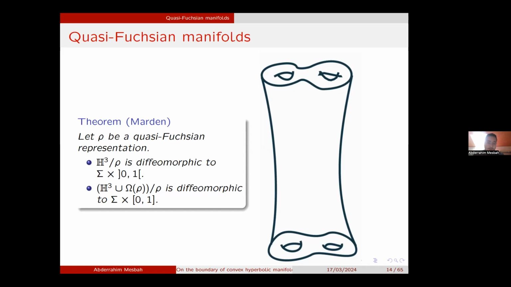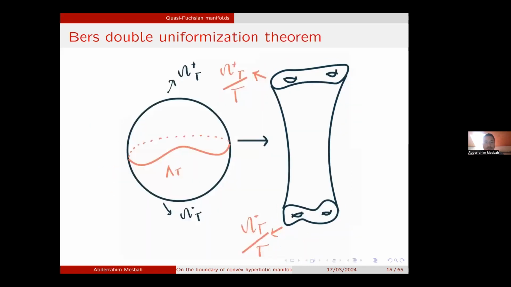So we don't have a metric, but we have another piece of data that we will talk about. As we have seen, we have a natural conformal structure on the ideal boundary of H3, which is the same conformal structure as the sphere.